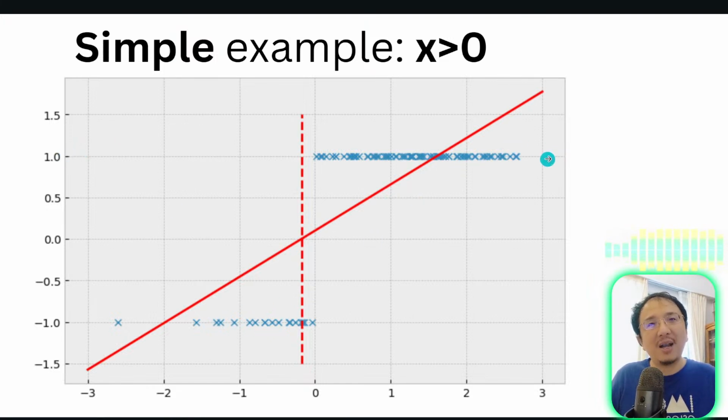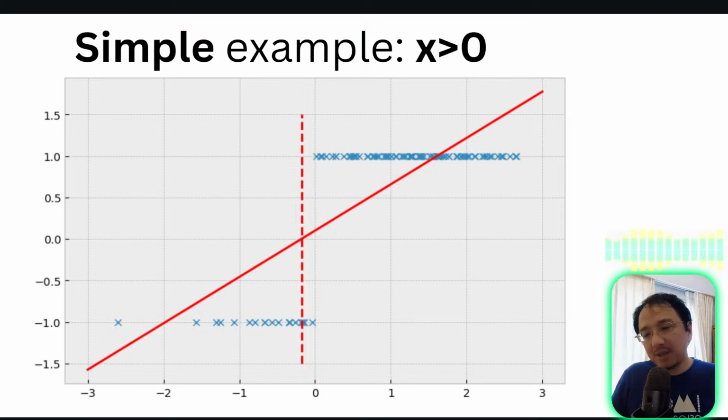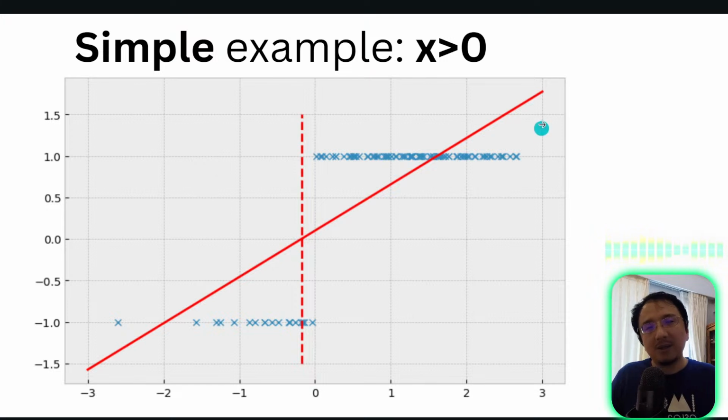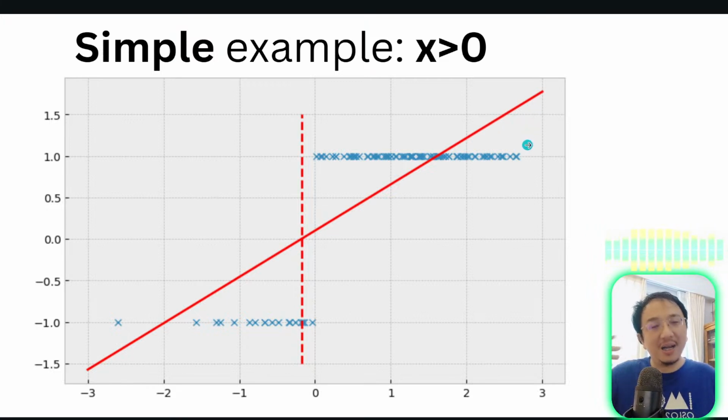So if we have a lot of large positive numbers, the error is going to be very big, because this straight line is going to be quite a bit larger than 1. If we move this line a little bit to the right, then the loss will increase a lot.